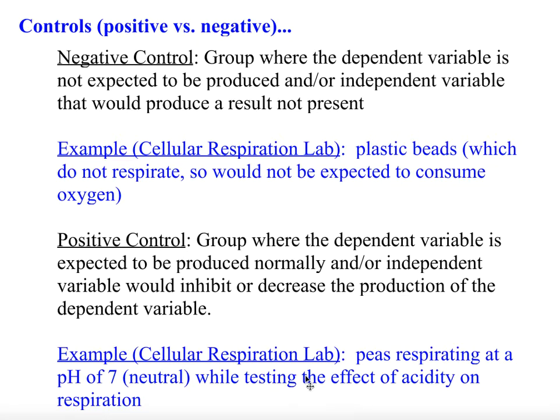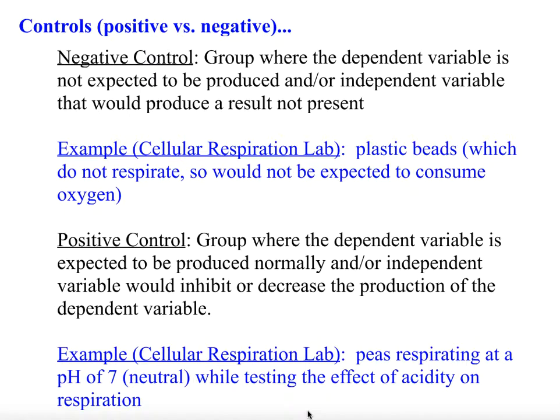Another example is if you were testing peas in the cellular respiration lab. If you had a neutral pH, something where you would expect them to do quite well, and you wouldn't expect a pH of 7 to inhibit it, but then you wanted to see, okay, what happens in a pH of 4 or 3 or 9. If you wanted to deviate from that condition, you would have your positive control, because then you could look at your results through the lens of, well, okay, how does this relate to the normal situation?